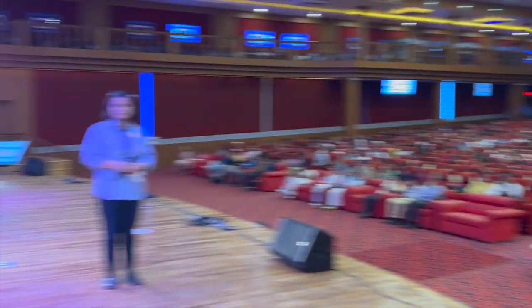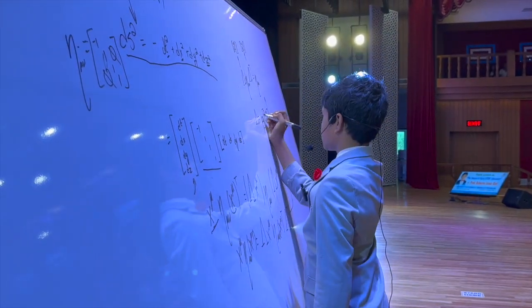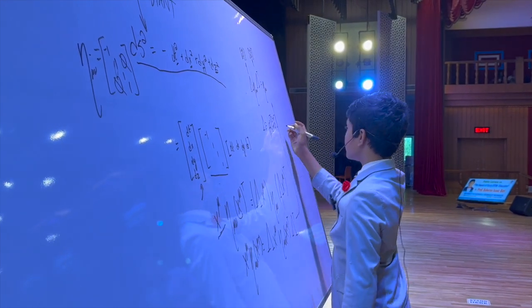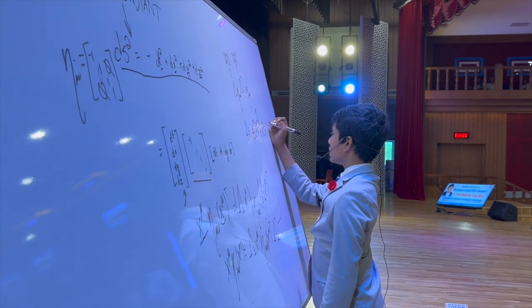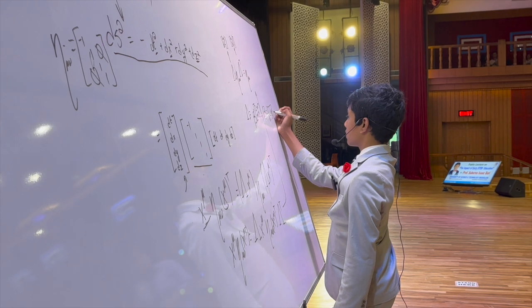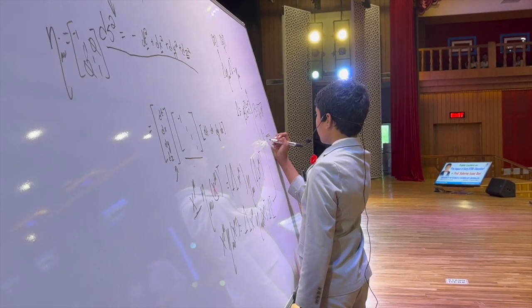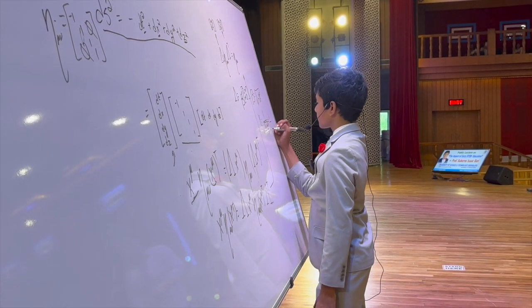The fact is, beta is going to be very important because it's equal to the square root of 1 minus v over c squared. And so, what we call the gamma factor is just 1 over this. This gamma factor is responsible for dilating every single quantity. That includes mass.